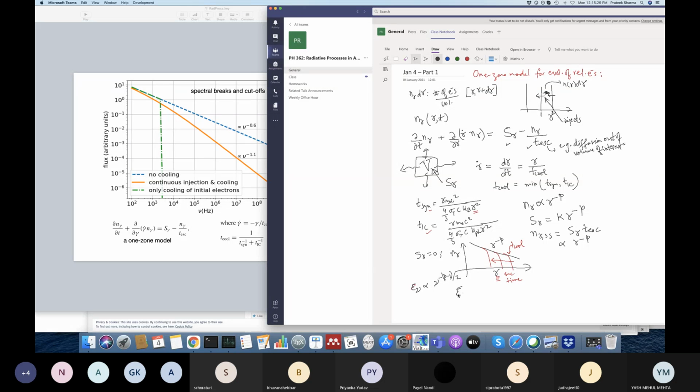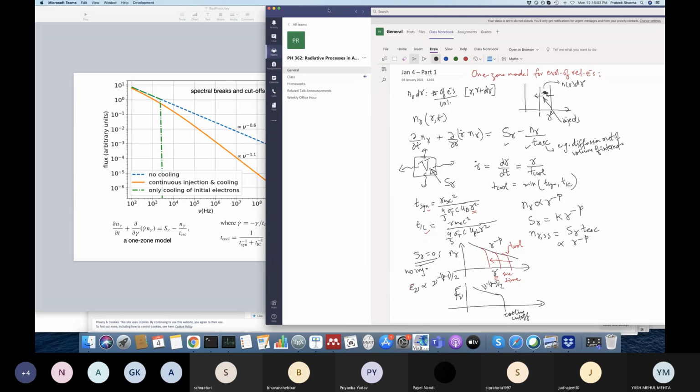You have nu to the minus p minus 1 by 2, and as soon as you reach this cutoff frequency, there is a cooling cutoff, beyond which you don't see any photons. So this is the case when there is no injection, that is, you just had an initial distribution of particles and then they just cool off with time.